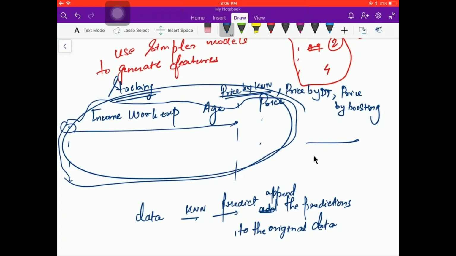So it's always used in combination with one of these, not standalone. That's what I have come across: KNN is not very useful in actual modeling, but KNN is very much used in feature generation. This process is called stacking.